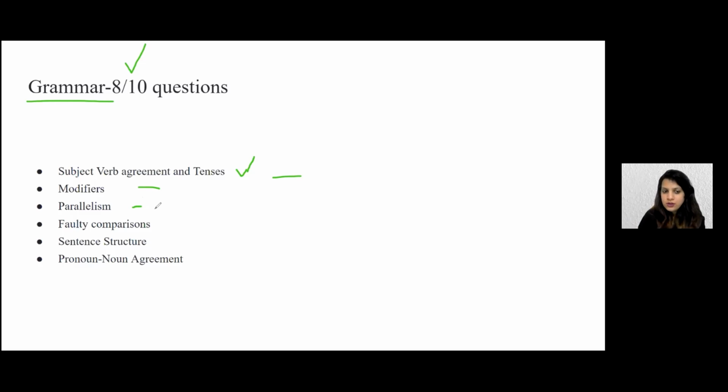Next very important concept that would be tested on your paper is parallelism. Now, having said that it is important, it is easy also, right? So parallelism means consistency. The idea is when we teach you, we'll make things so easy and comprehensible for you that whenever you hear the word parallelism, consistency, how would you identify consistency? So for example, if I'm writing a list, the list has to be consistent.